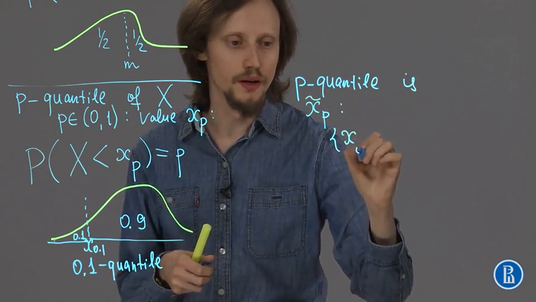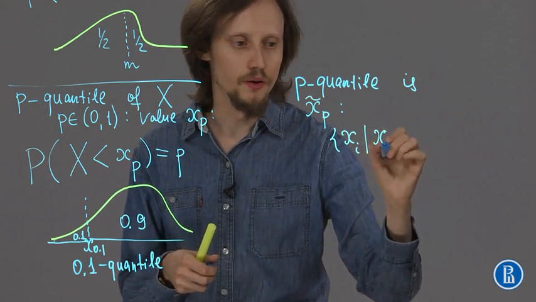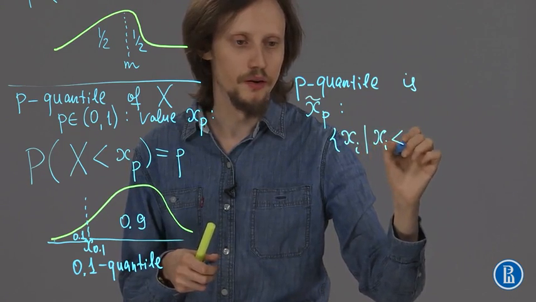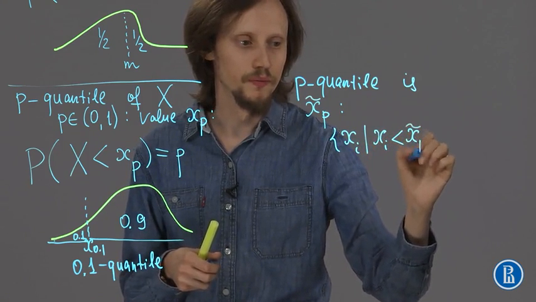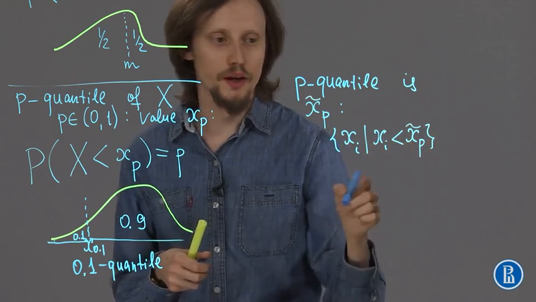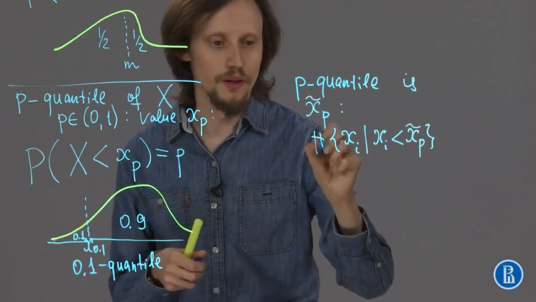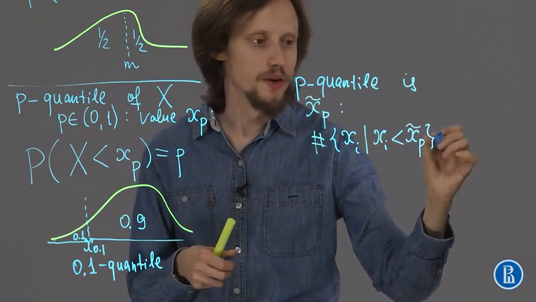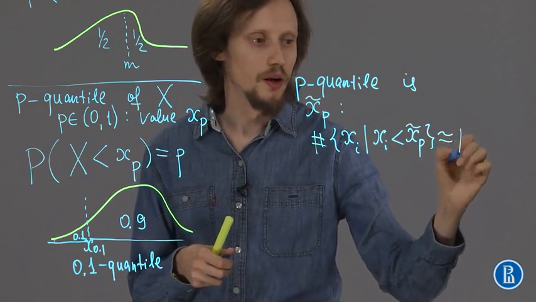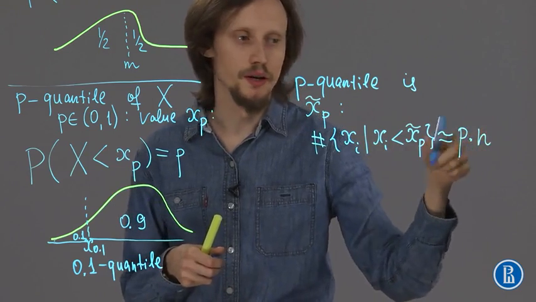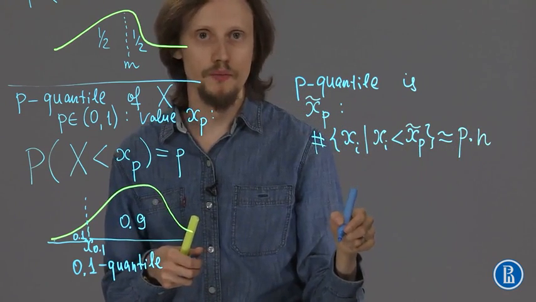So this is xi for all xi that are less than xp. And I want the number of elements in this set to be approximately equal to p times n, the size of our sample.